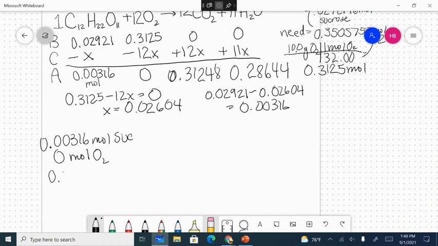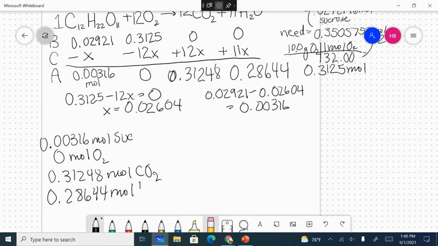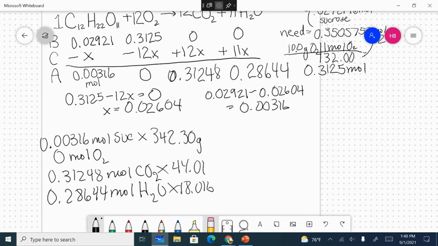We also have carbon dioxide, and we have some water. Remember to change moles to grams. You're multiplying by the molar mass. And this is grams.